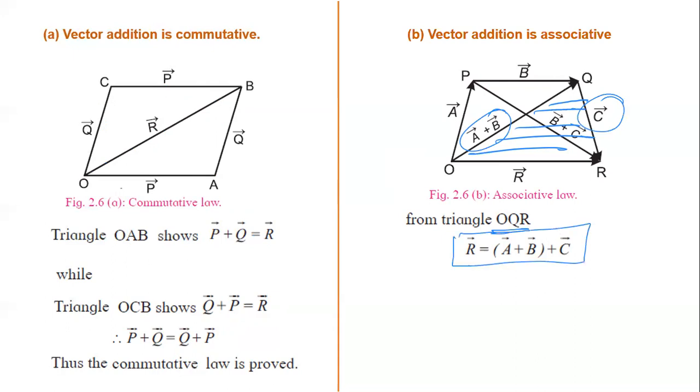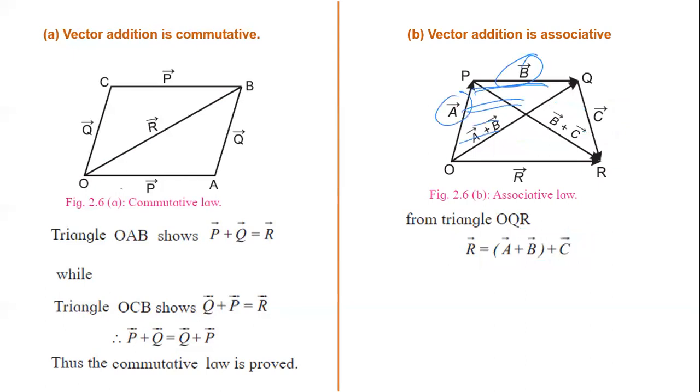Now how do we get this AB bar? If we use this triangle, A bar plus B bar is the third side. So when I am using this triangle, this R bar is equal to A bar plus B bar in a bracket plus this C bar. So we get this one.